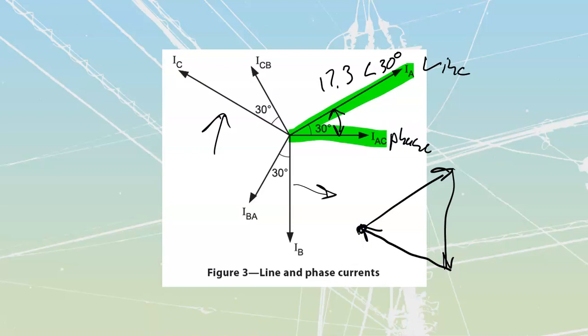And you can punch that into your calculator if you want: 17.3 at angle 30 plus 17.3 at angle 150 and 17.3 at angle 270, and you're going to come out to a value of 0 at 0 degrees. On a balanced three-phase system, all the current that is being delivered out is going to be coming back in and give us a net value of 0.